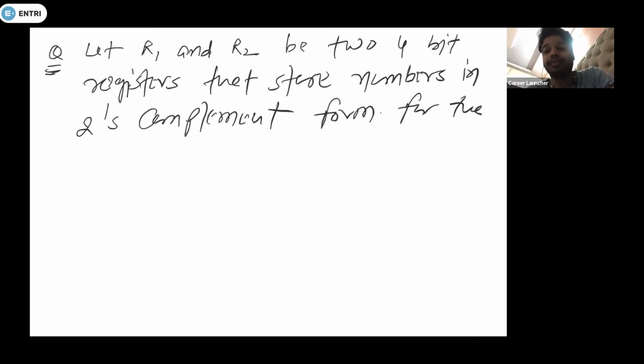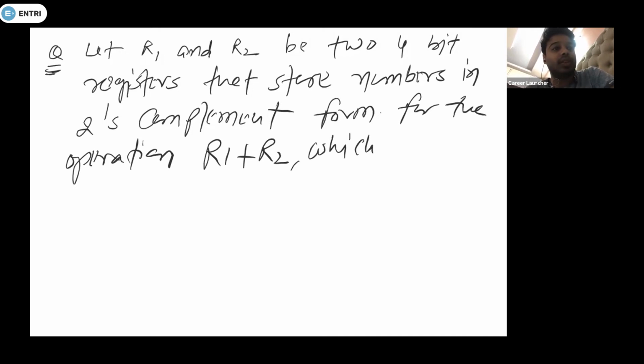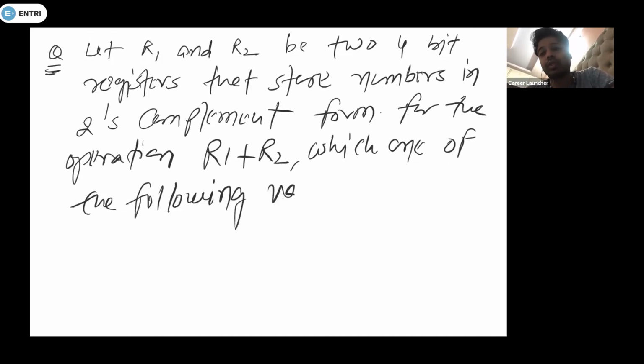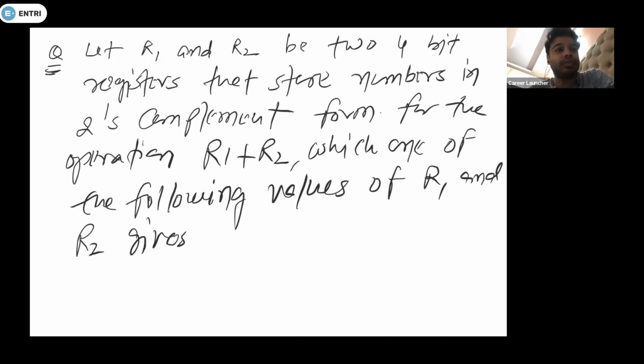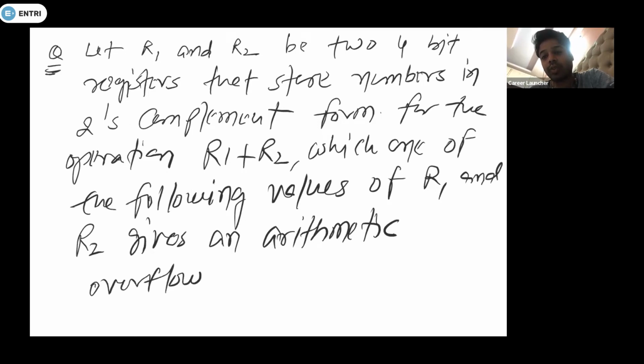For the operation R1 plus R2, which one of the following values of R1 and R2 gives an arithmetic overflow?